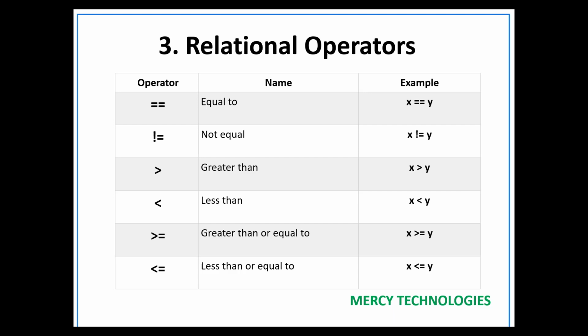So we have completed all these things. Relational operators we have completed. It is used to check both the variables or both the values on some relational condition, either it is true or false. Correct? So what is the next operator?